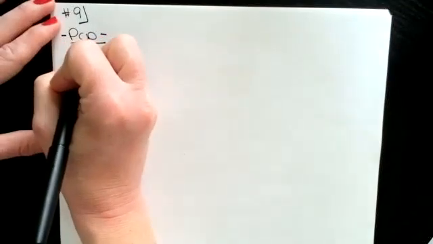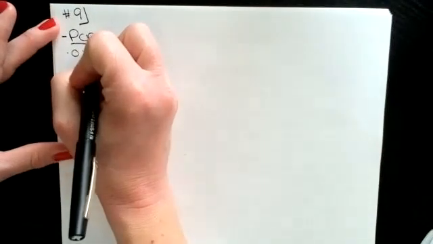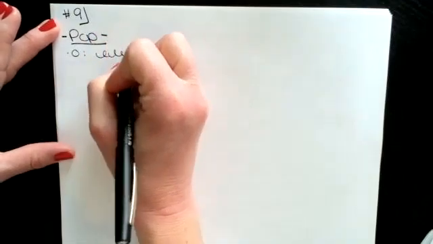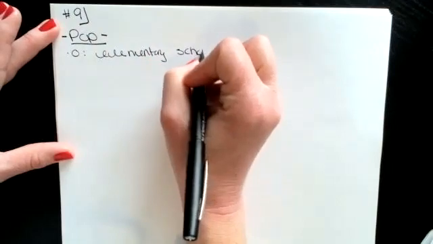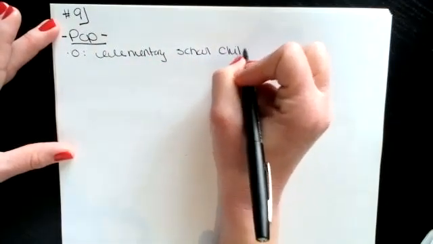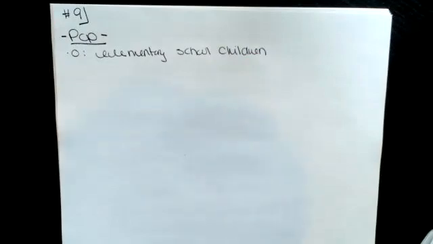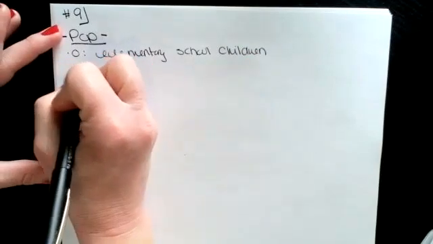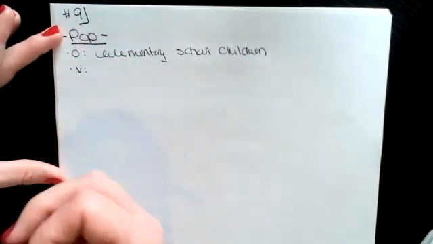So the objects in here are the children, or elementary school children, or young children. You can write it so many different ways. So you can be specific. I always think being a little bit more specific is better because then you have more detail. Your variable is time spent playing video games.